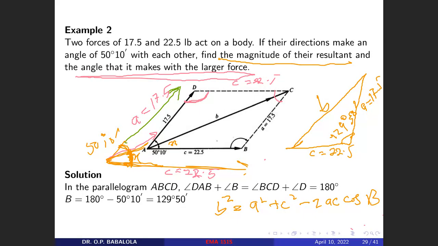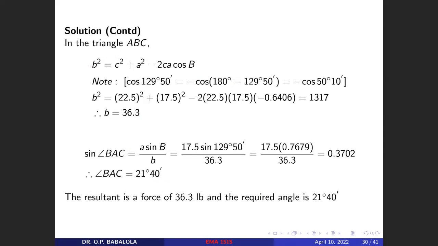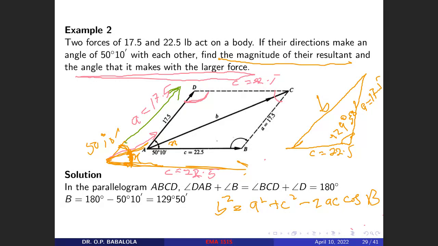Remember that we have three sides now. We already know our B. Let me just go there and show you. This is what I'm saying. It's angle BAC. Sorry about that. It's this little angle that I'm looking for.